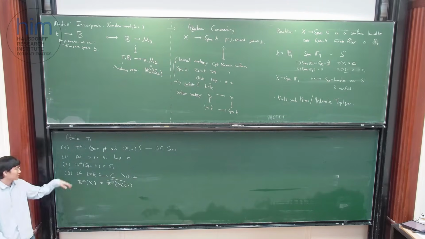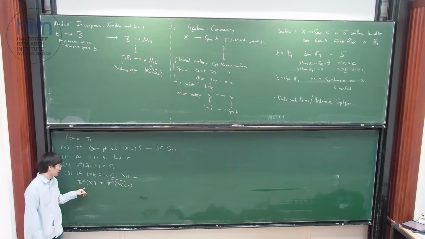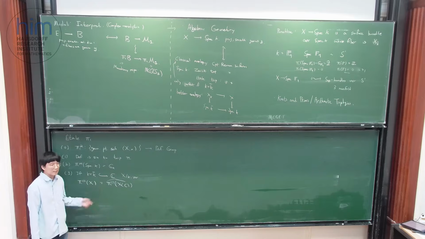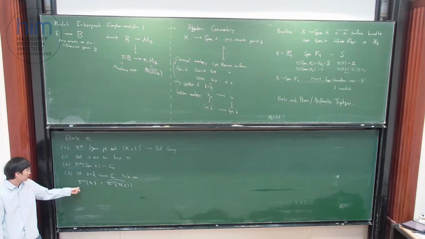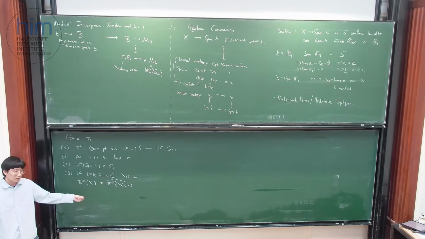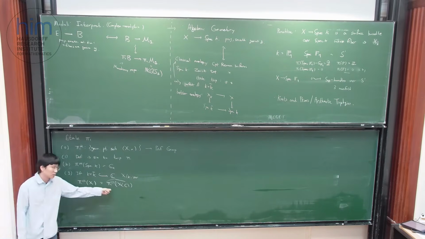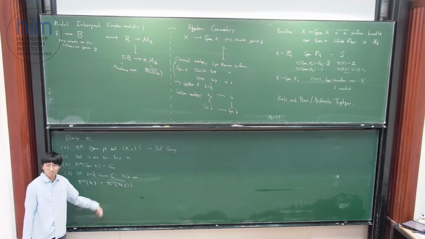Again, if you're not familiar with profinite groups, just think that they are the same. So this is basically saying that if your field is algebraically closed of characteristic 0, then the étale fundamental group is not very different from the topological fundamental group.